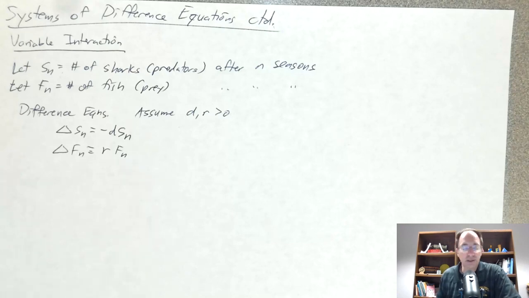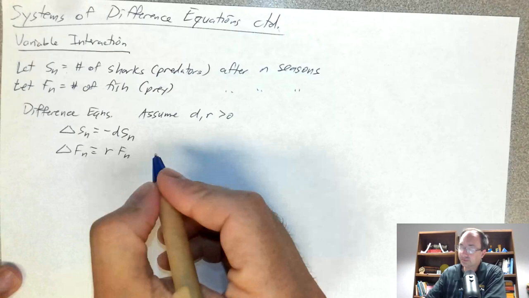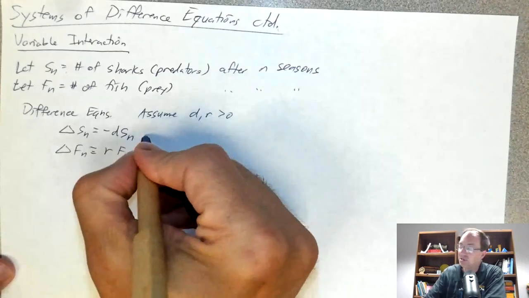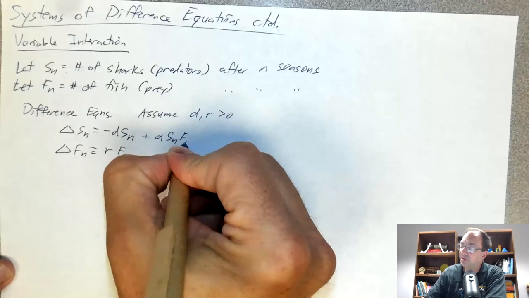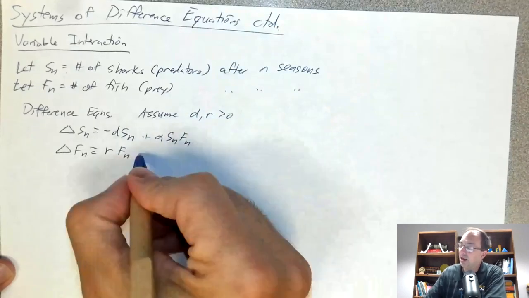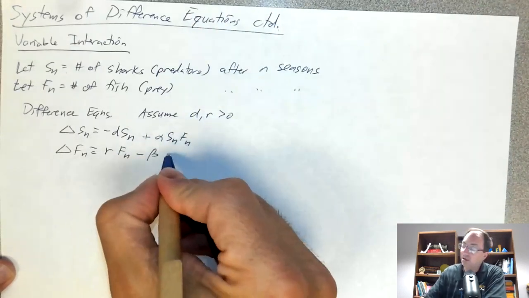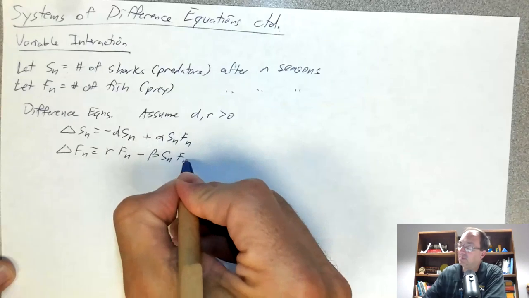So if you think about mathematically what that might look like, you might get more than one answer. But our solution is going to go back to Lotka and Volterra, who in the 20s independently came up with this model. And it may remind you of the logistic model that we saw briefly in the previous section, and that's to multiply. So we're going to add a term here, alpha times S sub n F sub n, and then minus beta S sub n F sub n.